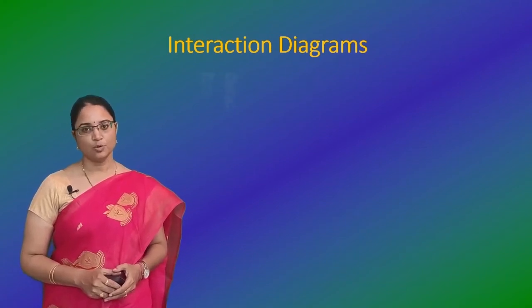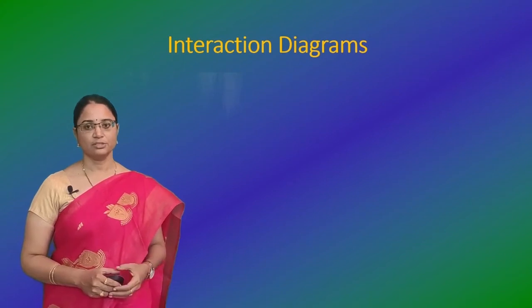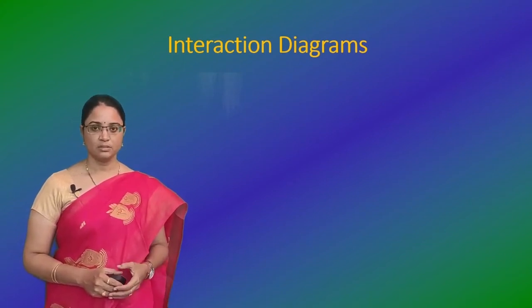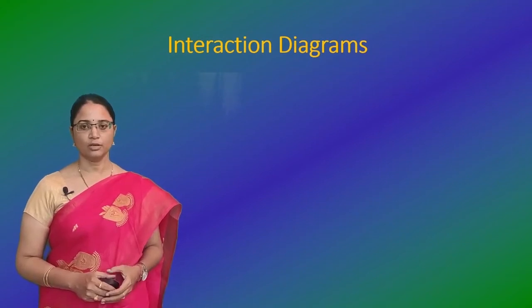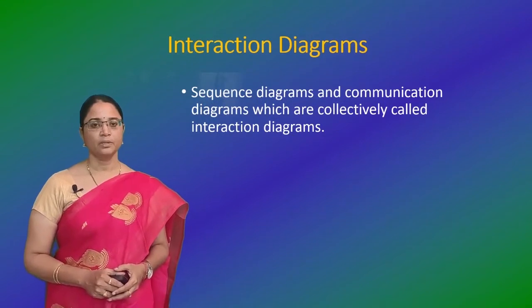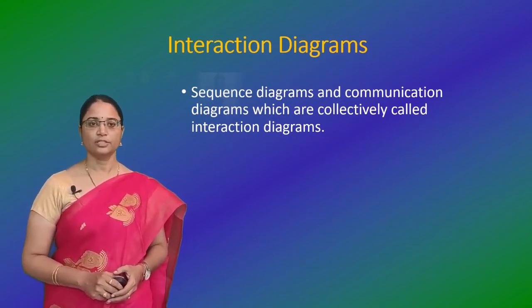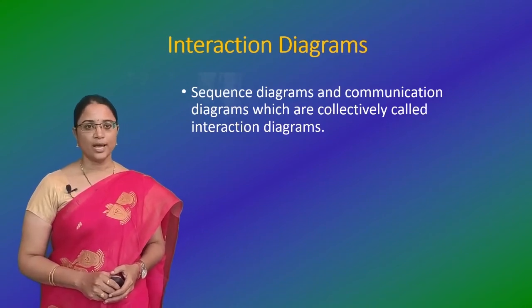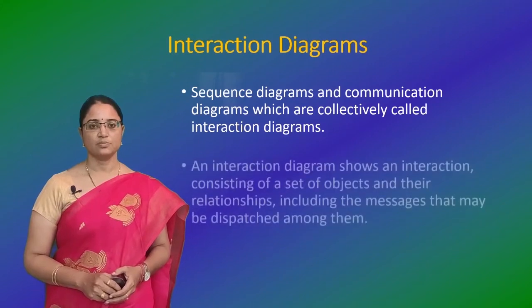Till now we have seen the interactions. In the interactions we have seen what is an interaction, what is a message, and common modeling techniques of interaction, that is to model the flow of control. Next, coming to the interaction diagram, sequence diagrams and collaboration diagrams are collectively called interaction diagrams. These two diagrams are used in the UML for modeling the dynamic aspects of the systems.